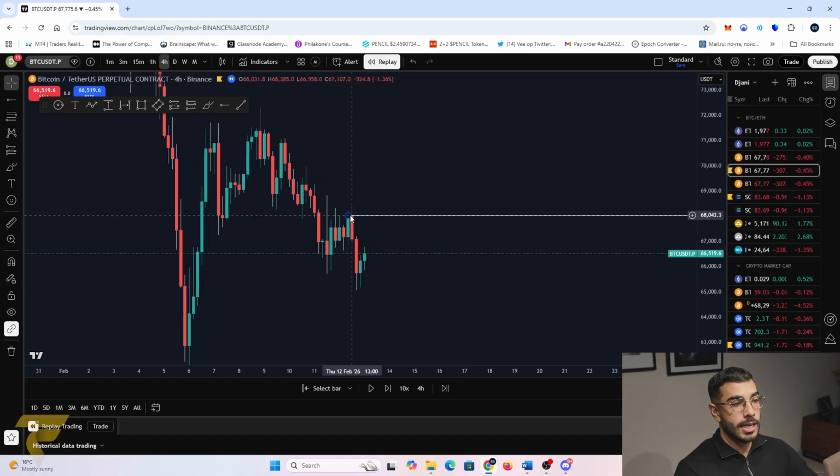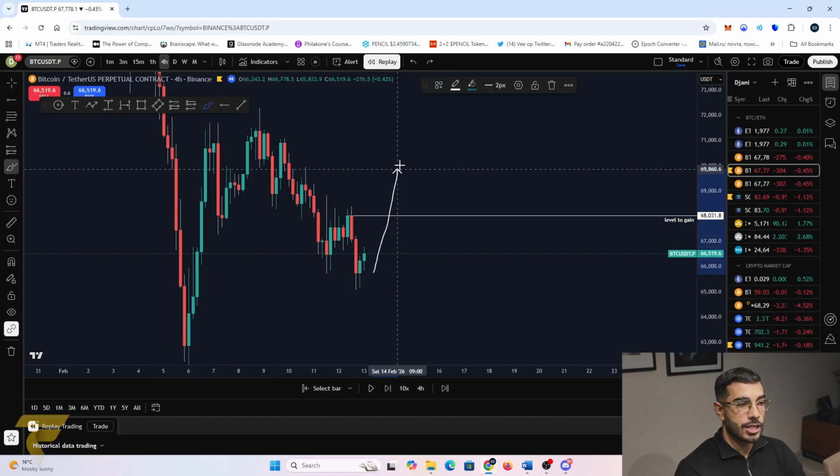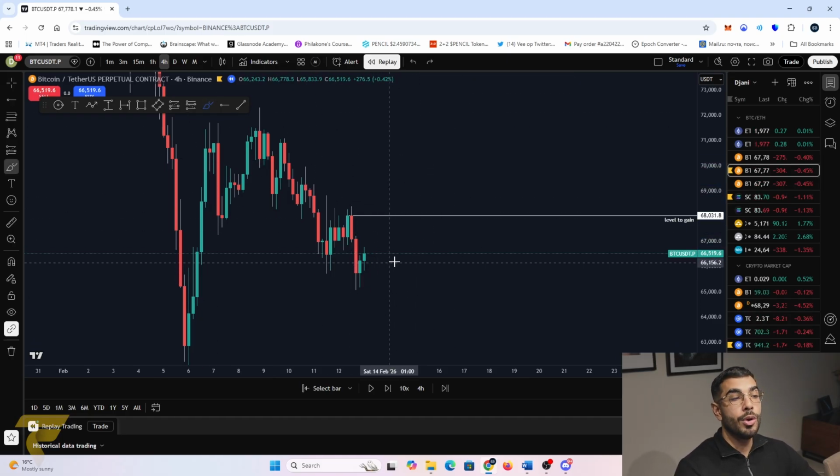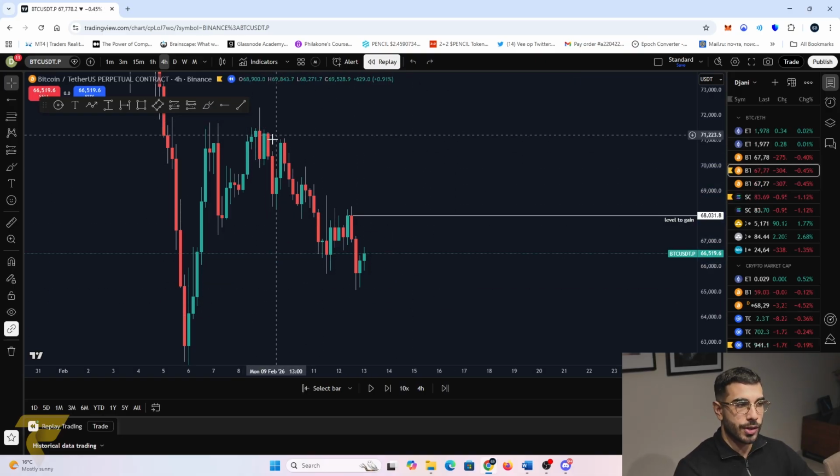This is a level to gain. This is a swing high, because from this point we create a lower point than this point. That's very important to understand. Whenever price gets above this particular level, not only are we interested in a trade, but we are also breaking the current downtrend.